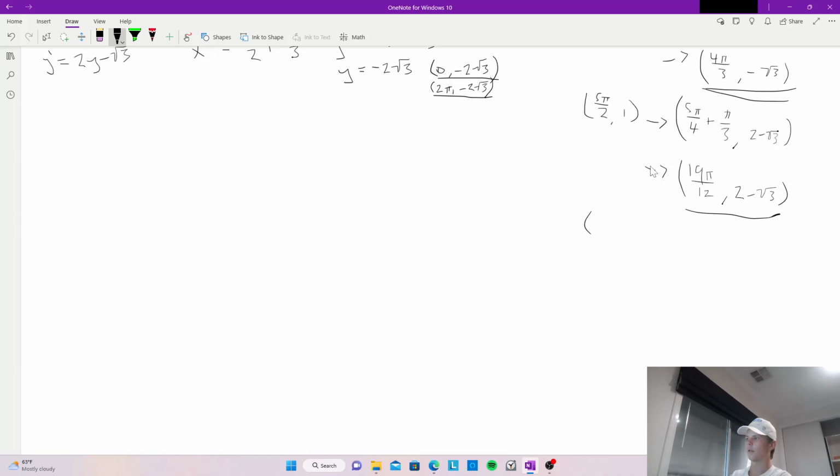Sorry, 3 pi, 0, which would be 3 pi on 2 plus pi on 3, and the 0 will give us negative square root 3. This is 6, so 9 plus, I think that's like 11 pi on 6, that's almost 2 pi. We're getting close.